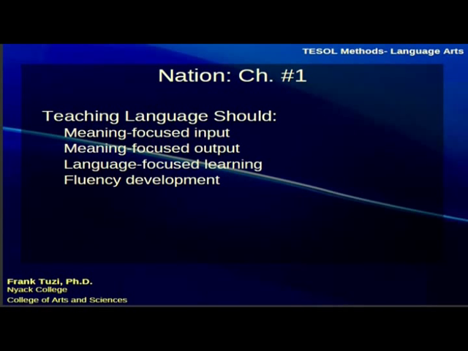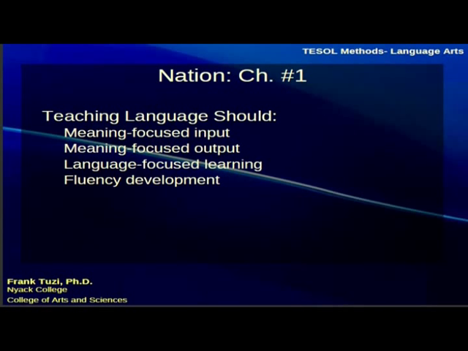Likewise, a good language class should also have meaning-focused output, which means speaking and writing. Again, it's supposed to be things that are interesting to them so that it's motivating, but it's also not beyond their realm of capabilities. And so that's meaning-focused output. So you have a lot of communicative things going on here with listening and speaking, reading and writing, but you also have a language-focused part of a course when you're teaching.